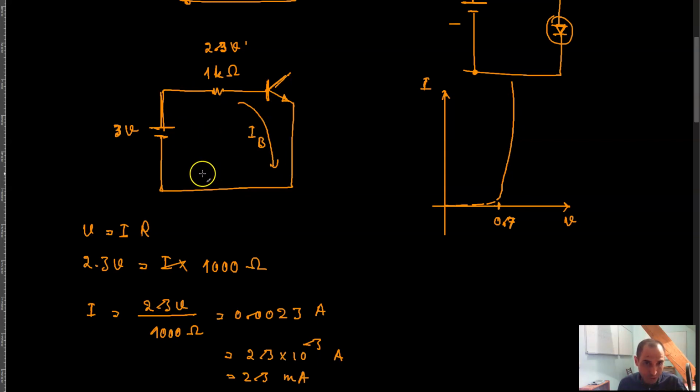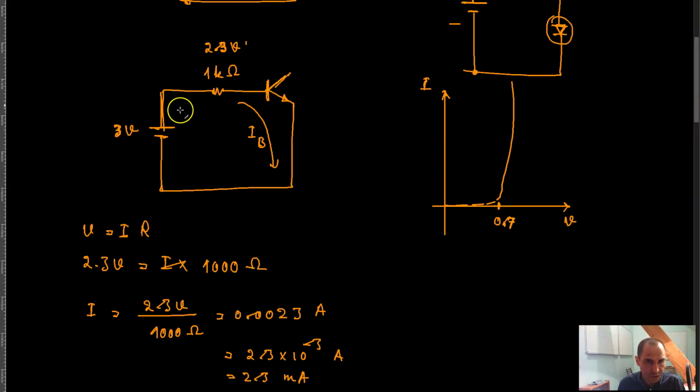So that's one typical thing that you need to be able to do in the case of these circuits. You need to be able to calculate the I of B, or the base current of your transistor. This is how you calculate the base current of your transistor.